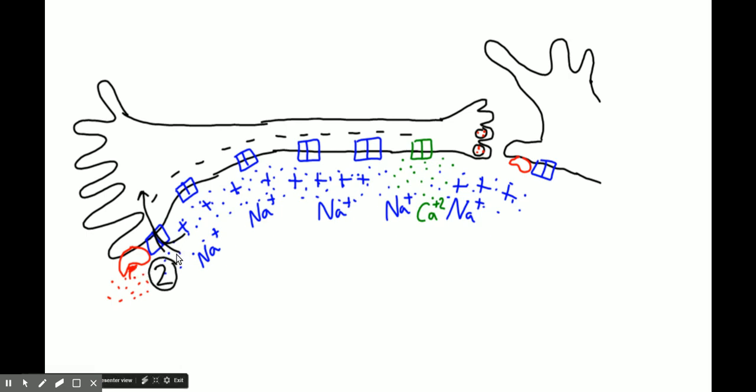This positive flooding, we have facilitated diffusion. All of these ions are going to move into the cell where the resting potential is negative all along here. And all of these are going to flood in because there's lots of sodium ions out here. There's very few or no sodium ions inside here. So these are going to go from where they're crowded to where they're not crowded.